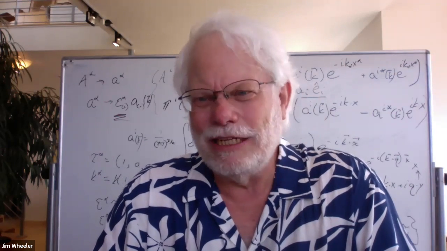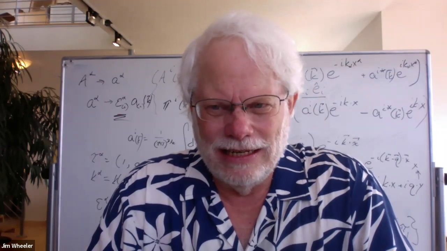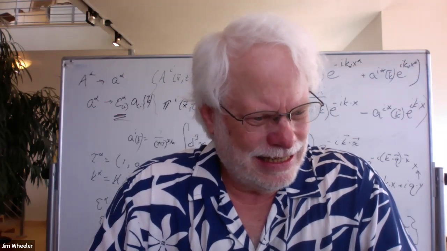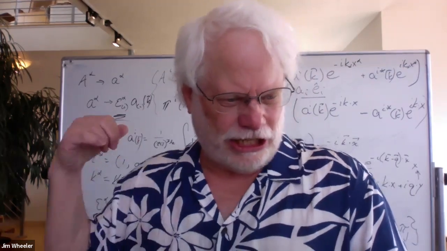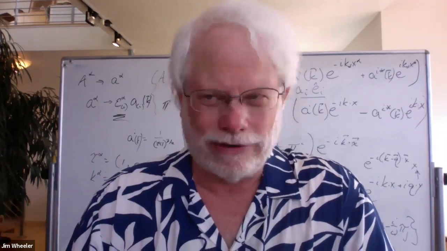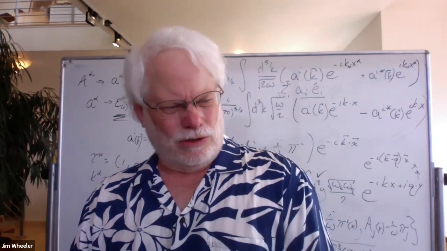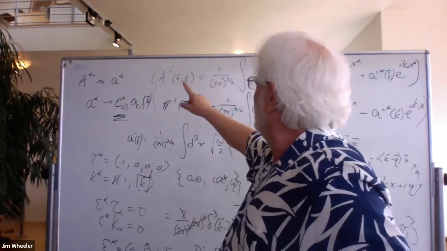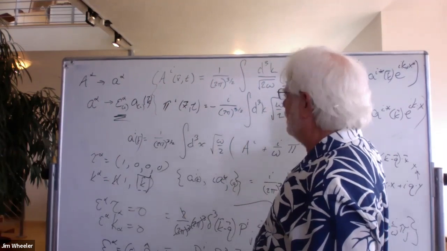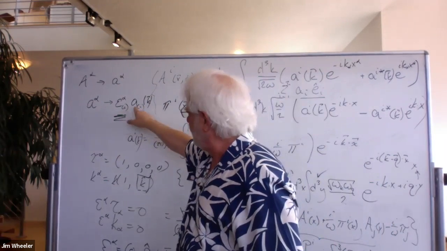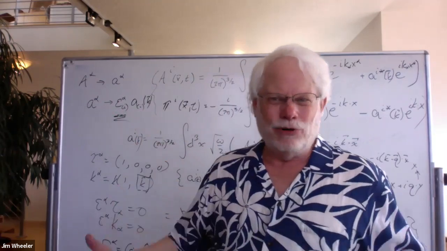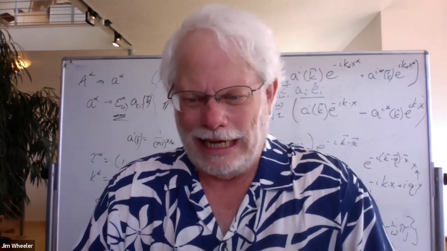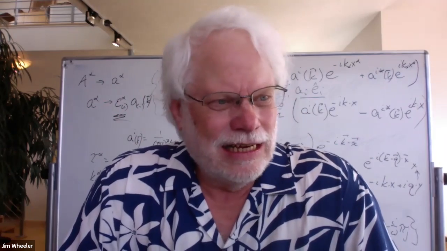Yeah, just a little bit to say about quantization here. Basically, quantization is just putting hats on everything I've already written. Write A here, write this with these vectors, and then put hats on all the little a's, and we've quantized it.